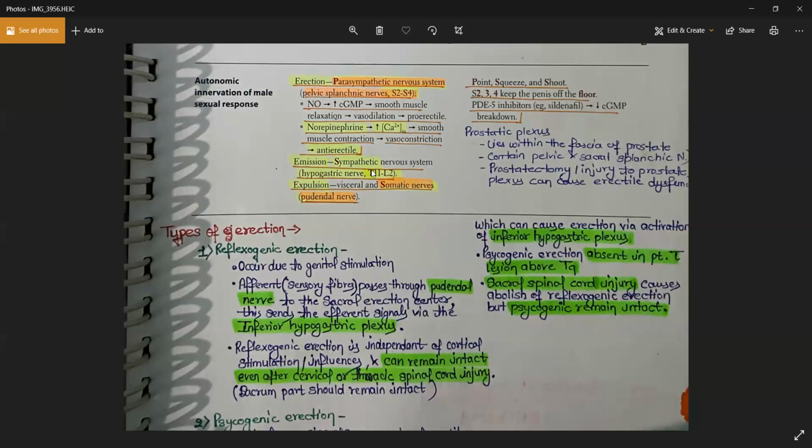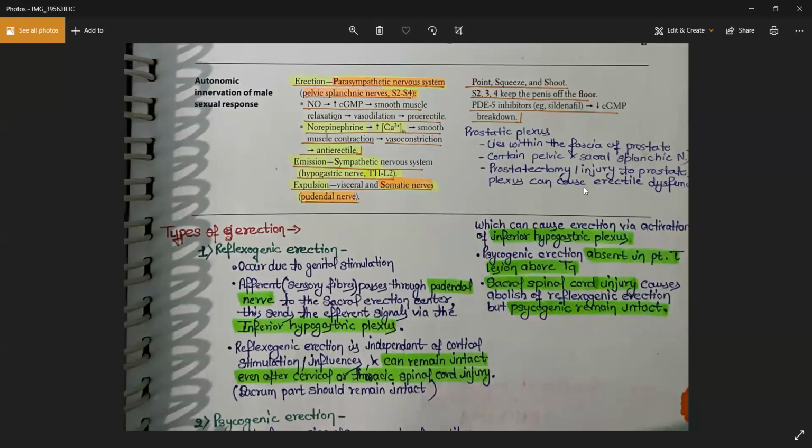And please note, you have the prostatic plexus that lies in very close association with the prostate gland, and it contains the splanchnic plexus and the hypogastric plexus. So whenever you have a prostatectomy, for BPH or for cancer, these plexuses are at very high risk of damage. And whenever you get damage of this plexus, what you will get is erectile dysfunction.